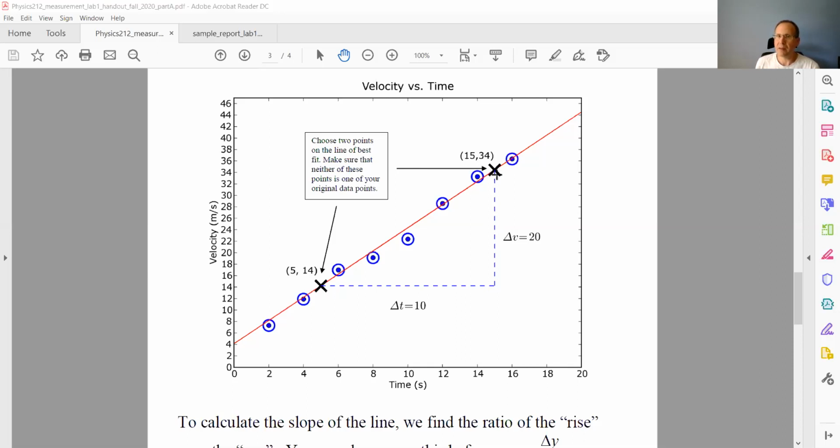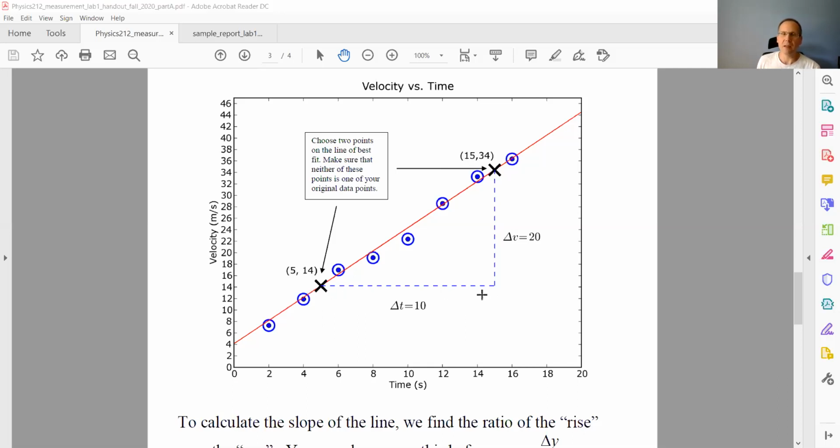Now, to calculate the slope, remember the formula: usually we say y2 minus y1, but in this case, since the y variable is velocity, you can think of this as v2 minus v1. So it's 34 minus 14, which is 20, so the change in velocity is 20. Then we say over x2 minus x1, but the x variable is time, so you can think of it as t2 minus t1. 15 minus 5 is 10, so my change in time is 10.